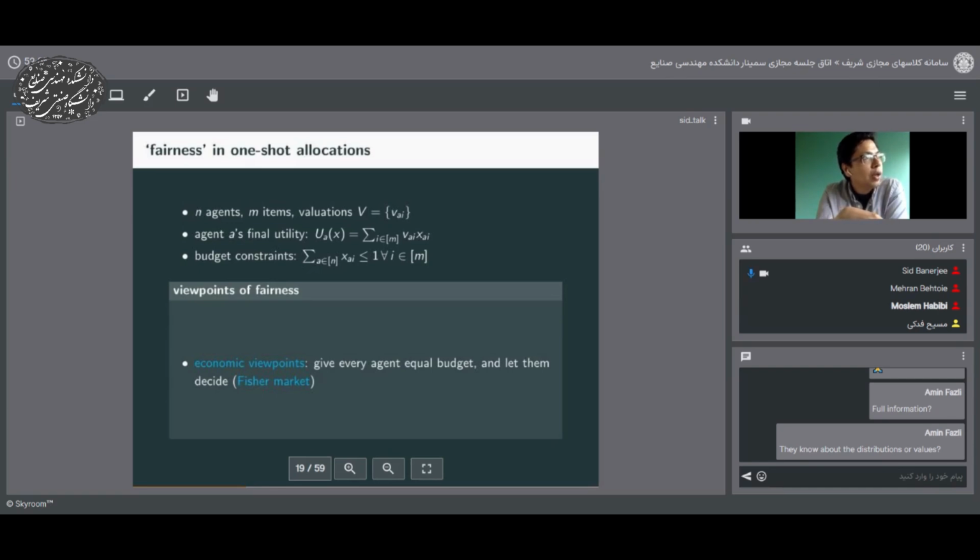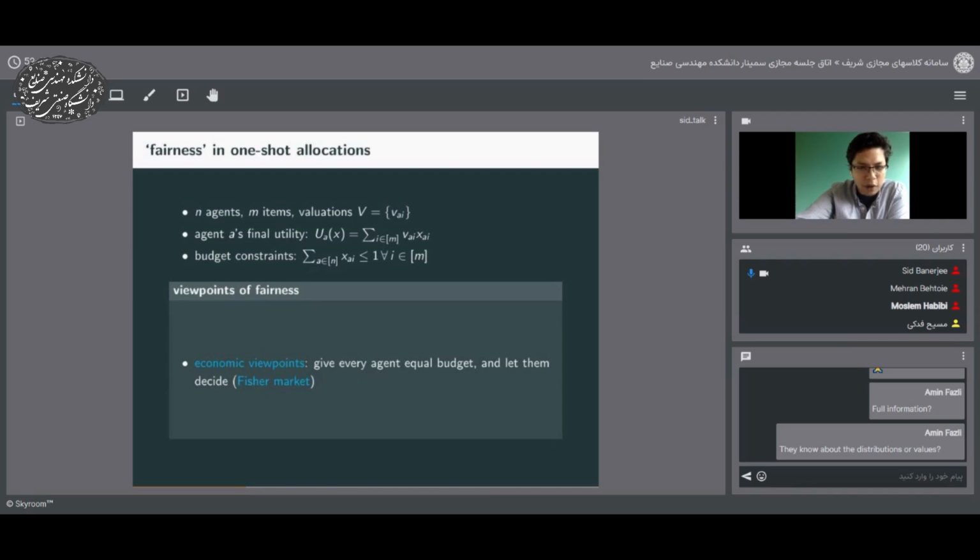What I'm going to assume is all agents know each other's distribution at each time, but on the day where you go to the market, if I'm trying to bid for today, then I know my own valuation, which is the typical way you think about this in economics. But as we go later on in the talk, I'm going to start assuming that we actually know the valuations. The optimization problem is much harder here. The incentive problem is even harder, and we don't really know as much about the incentives, but the optimization is difficult enough.